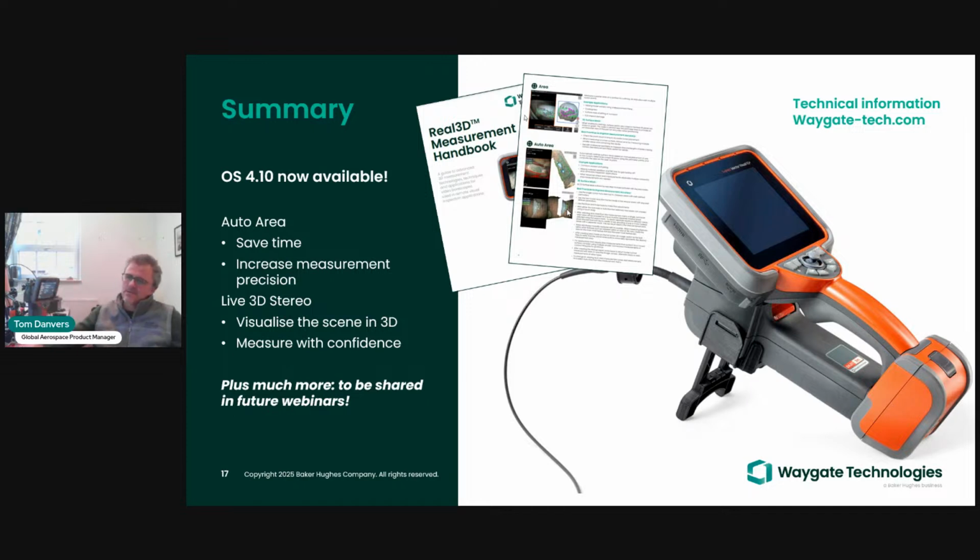So here's an excerpt associated with auto area. Lots of aspects associated with best practice and how to use it, not just contained on the device through Learn More, as you've heard me say, but also within this PDF document. And this is available on our website through that link on the top right-hand side. So thank you very much.